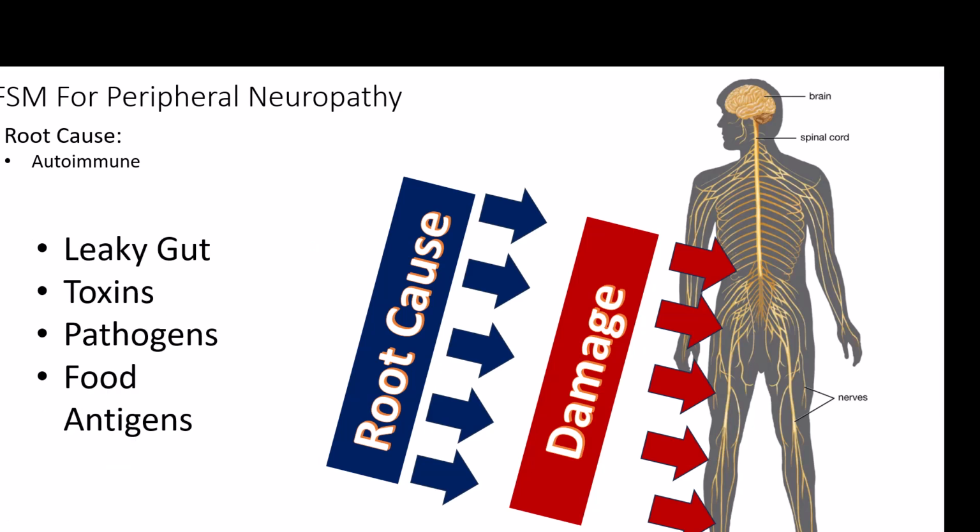From a functional medicine perspective, autoimmune conditions are mainly caused by these 4 factors. So the 4 root causes of autoimmune conditions generally are leaky gut, toxins, pathogens, and food antigens.